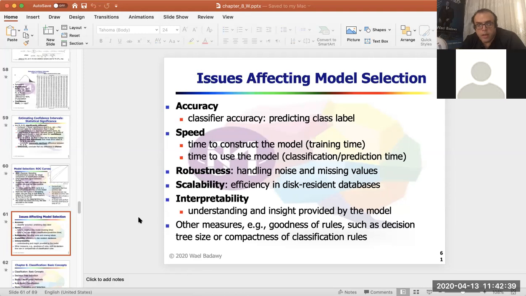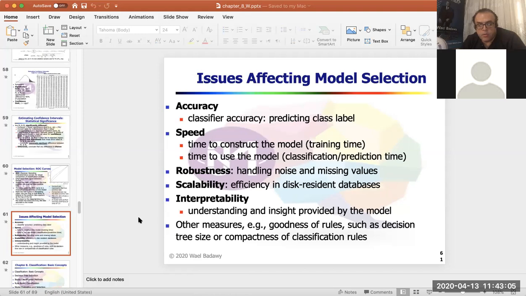So the issues affecting the model selection: one is accuracy, another is speed. Accuracy means how accurate the classifier is, how well it can predict. We spoke about many elements in the accuracy. I can talk about the speed: what's the training time, what's the classification time, or how long it takes to build the tree, and then how long to traverse the tree.